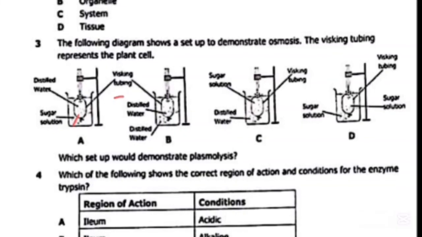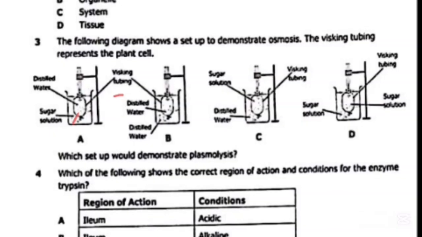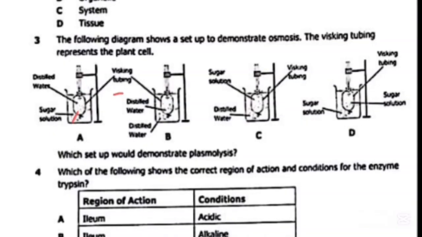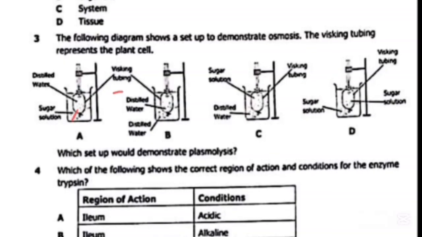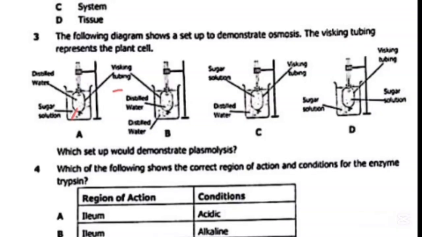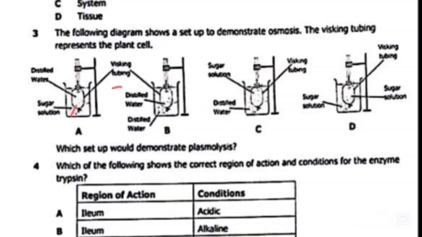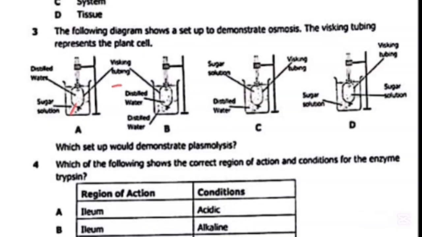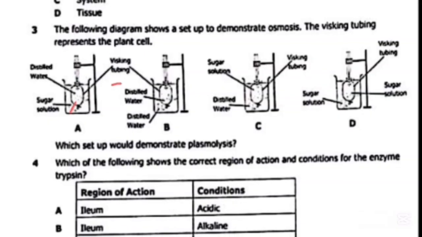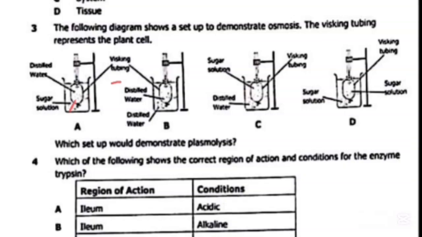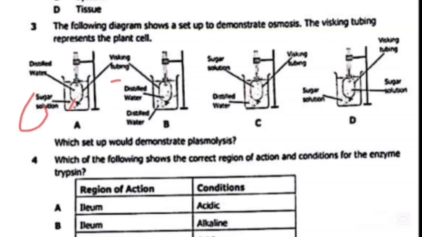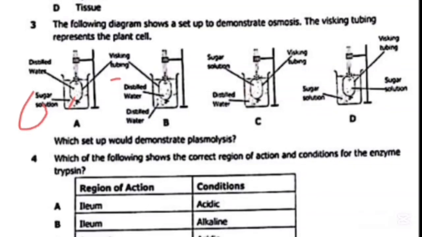Whenever we have sugar and water, for example in our A, water will move from the Visking tubing into the sugar solution. Why? Because in the sugar solution, there is little amount of water. It is highly concentrated.